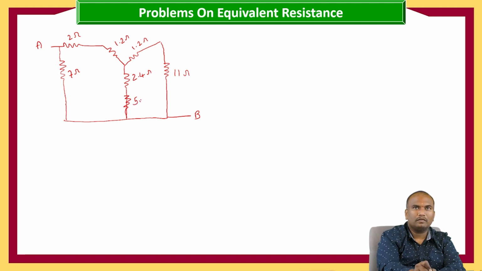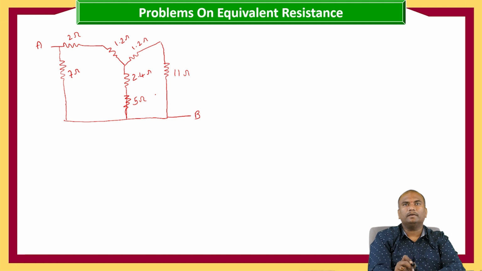This is our circuit after replacing the delta into star. So here we can see this one point between these two terminals. This is A terminal, this is B terminal. Between these two terminals, we need to calculate the equivalent resistance.